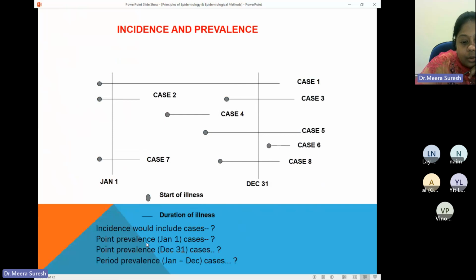Now we'll go to incidence. Incidence means the number of new cases, and according to the definition, it should be of an annual duration. So we assume the incidence should be from January 1st to December 31st.